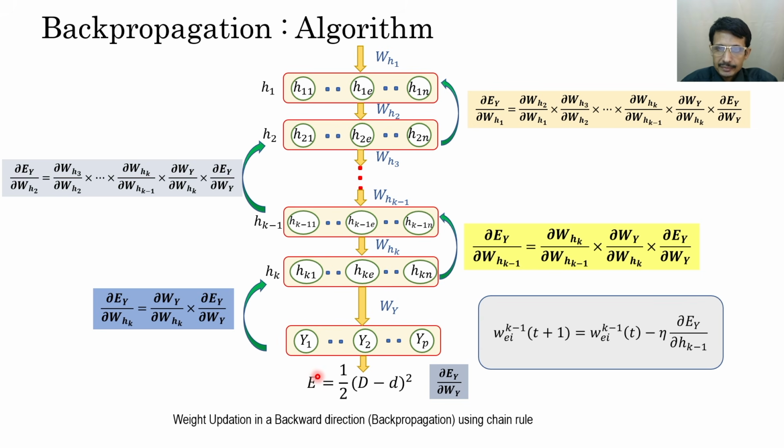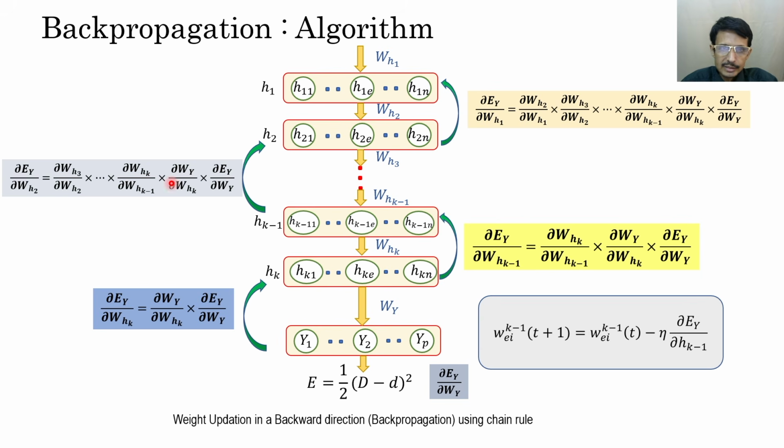And the gradient of this error is taken by this technique. Then, from the output layer to the input layer, so in the backward direction, the gradients of the error are propagated this way by the use of chain rules.